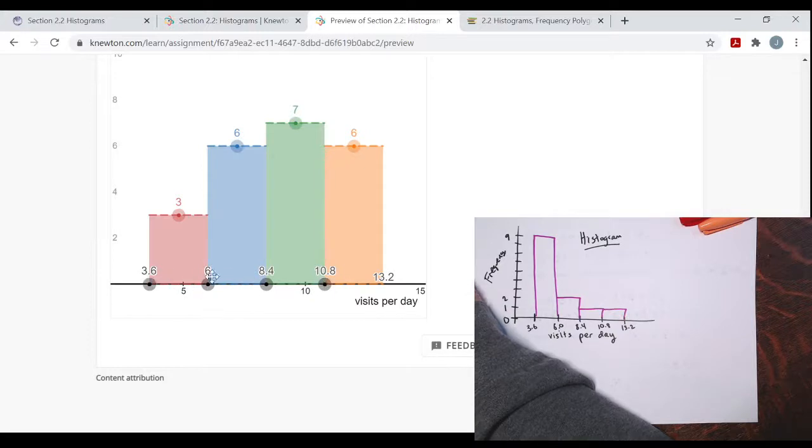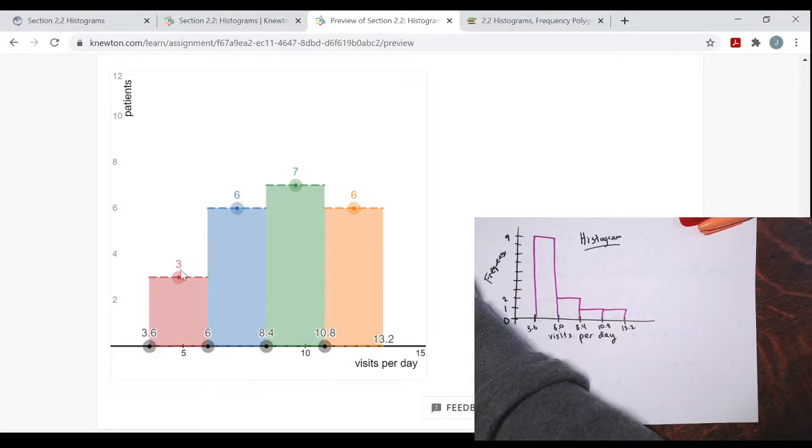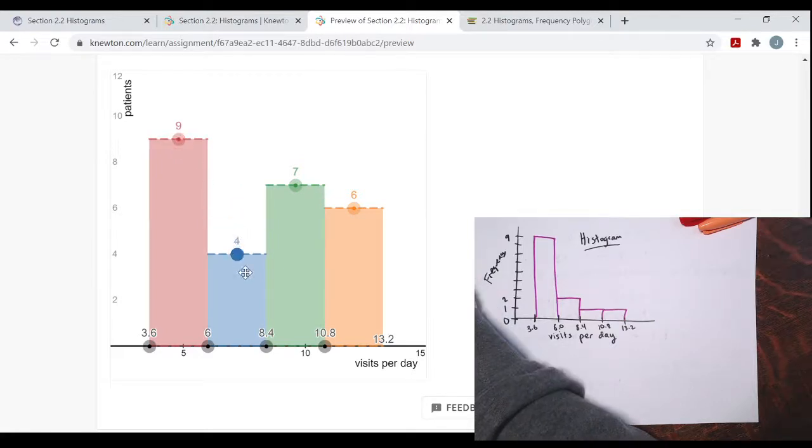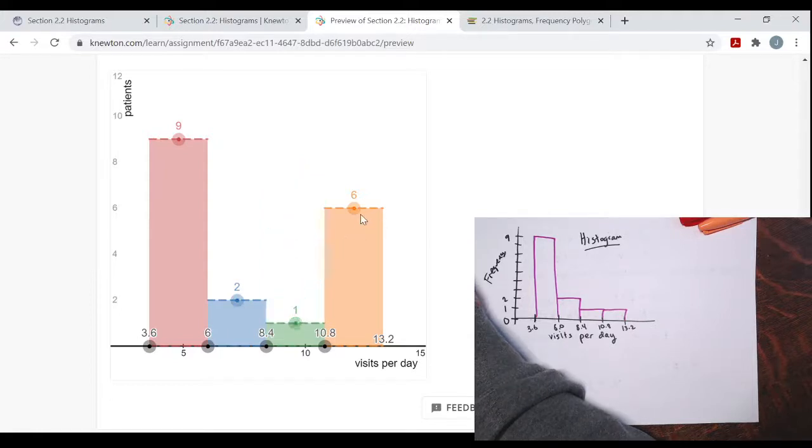Now you see how every single bar should be 2.4 units wide. That was the class width, and the class width should be the width of the bars. Then the frequency: there were 9 data values in the first one, then 2 in the second class, then 1, and then 1 again in the last class.